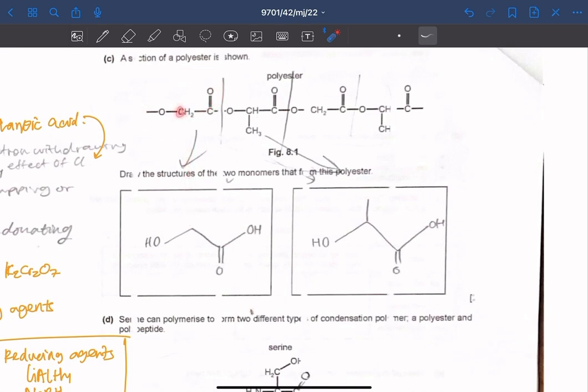So the first one is this, where I draw here. C is bonded to OH at first because it forms an ester bond, right? This is an ester bond. So C bonded to OH, double bond O, bonded to OH.